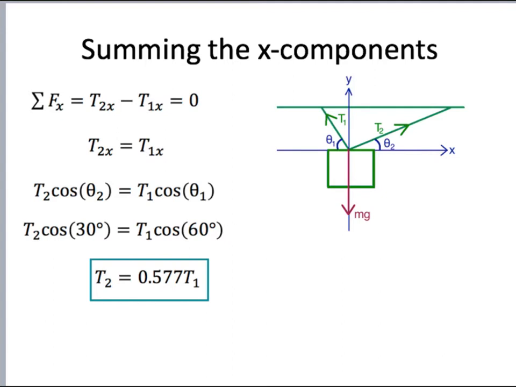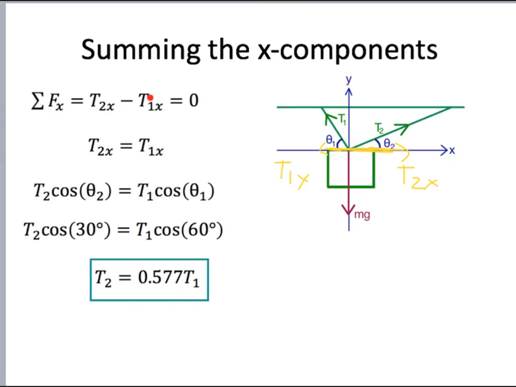So again, I have my T2x, which is pointing like this, and I have my T1x, the x component, which is pointing like that, and those are the only forces acting in the x direction. So I can do my sum of the forces in the x direction right here. There's going to be the positive T2x, this one is positive, it's pointing in the positive direction, minus T1x, and those are the two forces acting in the x direction.